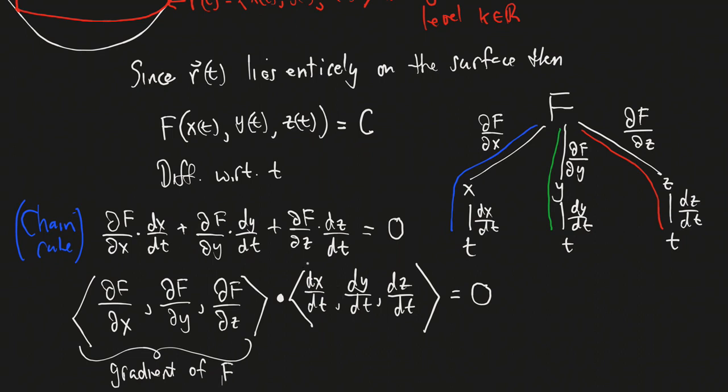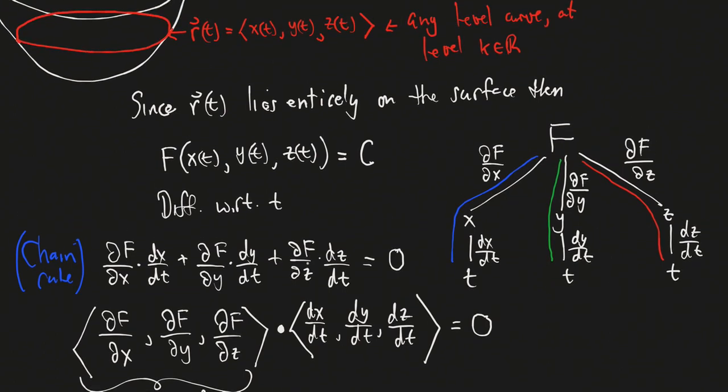So this is where we have to think about our curve. The curve had original components x, y, z. Well, over here we see this vector that has components dx/dt, dy/dt, dz/dt. Well, that's just the first derivative of r.